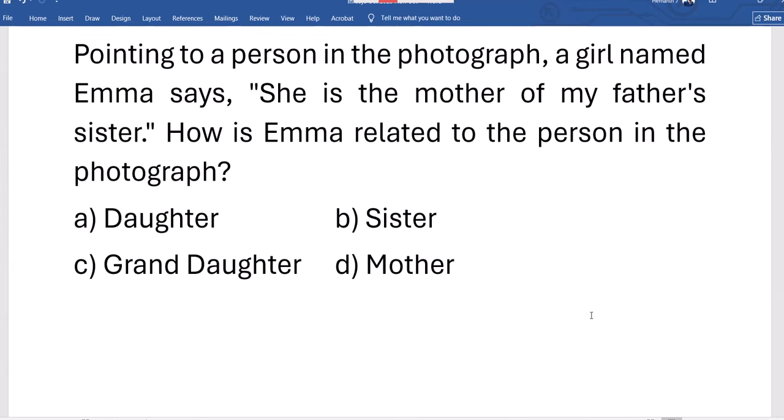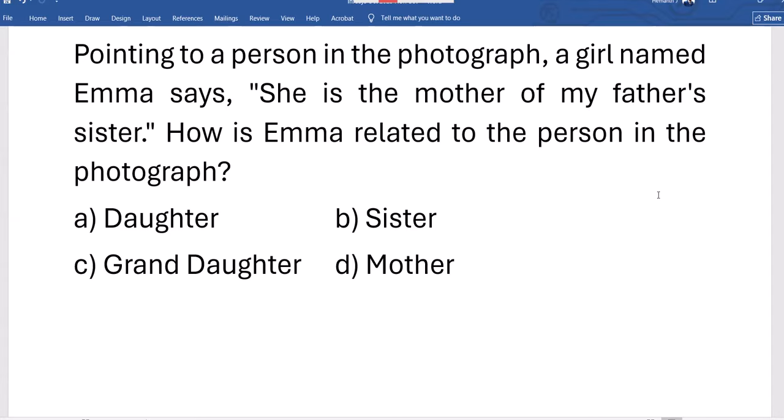Now, blood relation. Pointing to a person in the photograph, a girl. They can say directly Ema says. Ema means you may have a doubt whether it is male or female. They clearly mention a girl named Ema says, she is the mother of my father's sister. In blood relation, this is the third model.